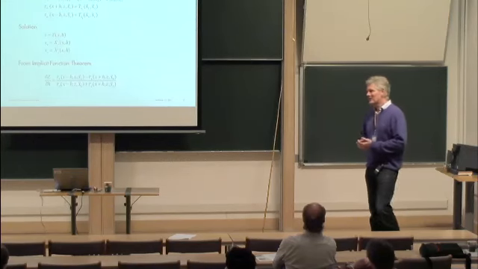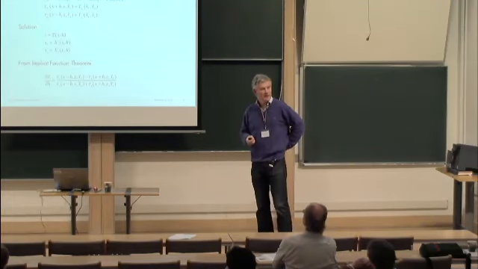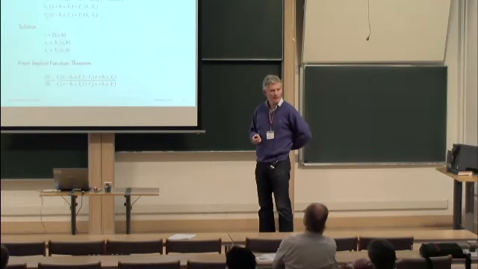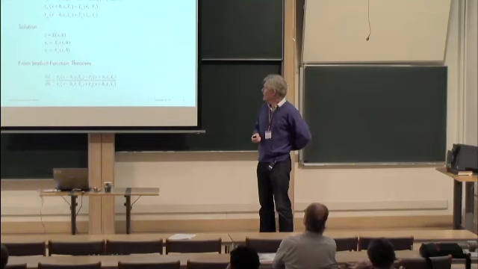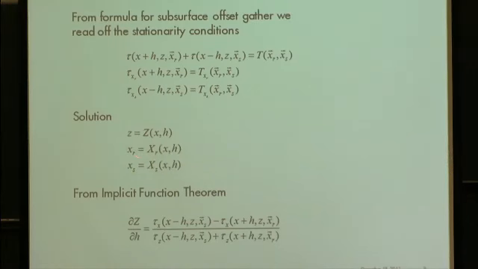So using the implicit function theorem, you could solve 3, namely z, xr and xs as a function of x and h. So you see that these subsurface offset gathers, they really can be parameterized. This is rather irrelevant, of course, what the stationary source and stationary receiver contribution was, but these subsurface offset gathers are going to look like curves of the form z of x and h.